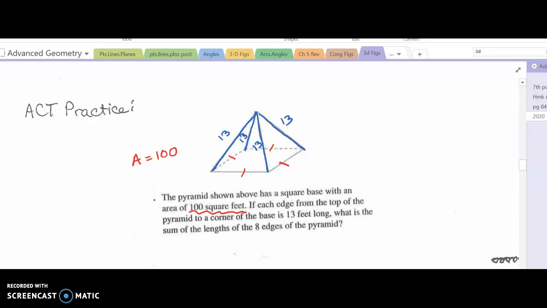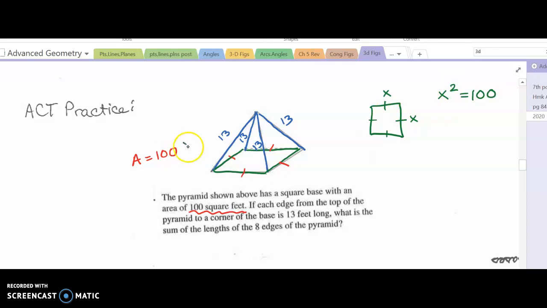So what is not given to us in this problem is the sides of the square at the bottom. We have to figure those out for ourselves, and we can't just assume that they're 13. What we do know is that a square has four sides that are the same length, and that this side times this side, x times x, or x squared we'll call it, is going to equal 100.